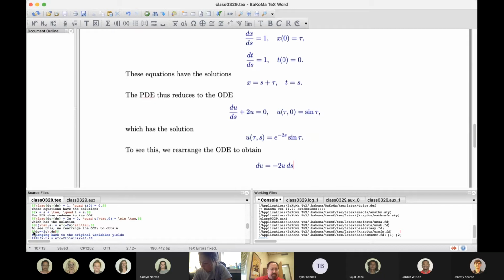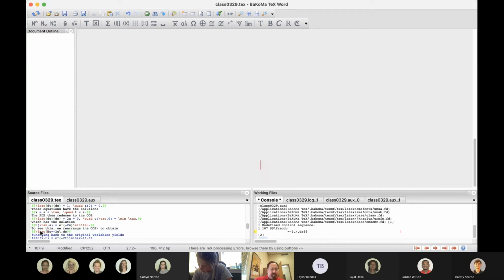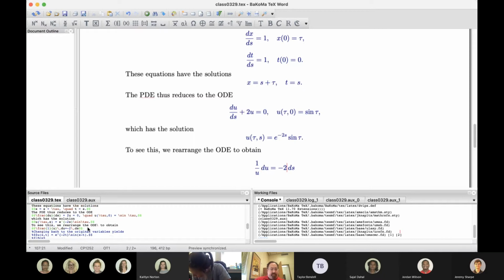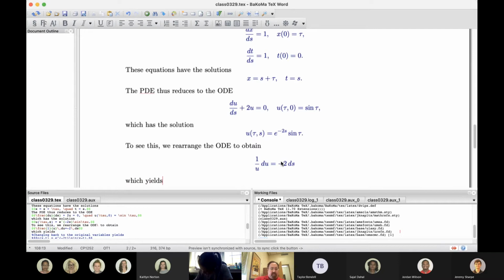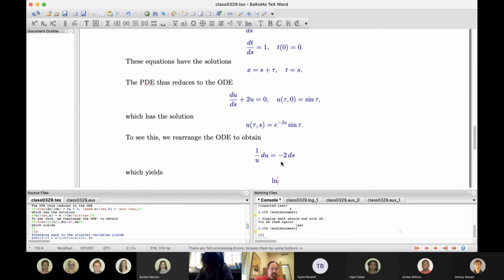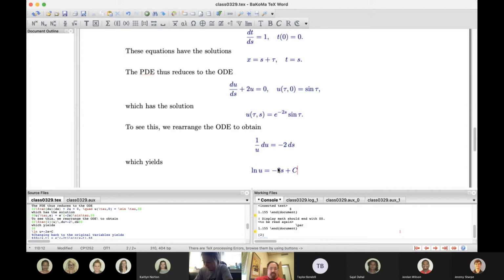So I'm going to divide both sides by u. So then you can integrate both sides. So I get natural log of u is equal to minus 2s plus a constant of integration.